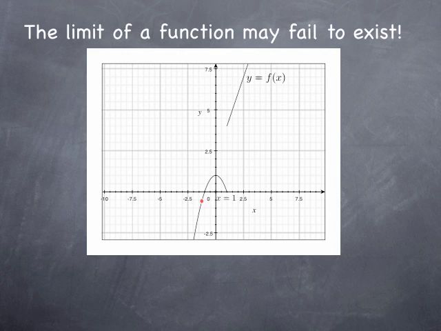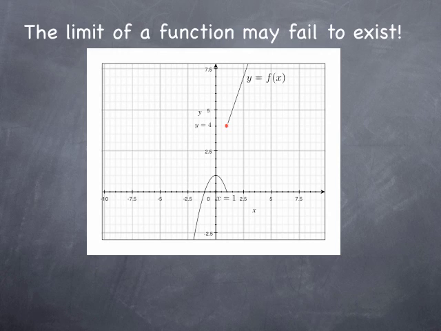You see that here, if x is smaller than 1 and we track what happens to f of x, the y values of this point get closer and closer to 0 as x gets closer and closer to 1. On the other hand, from the right, the y values of this point, in other words f of x, become closer and closer to 4 as x gets closer and closer to 1.